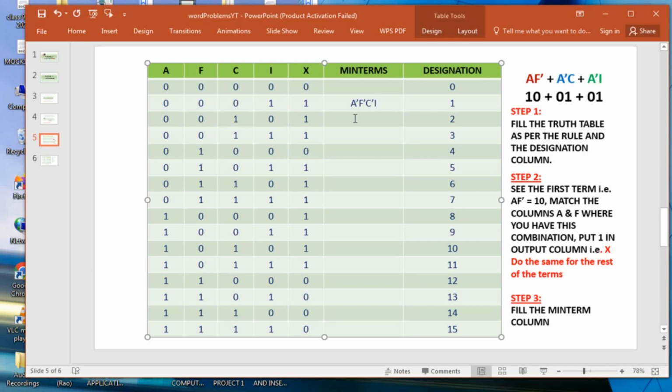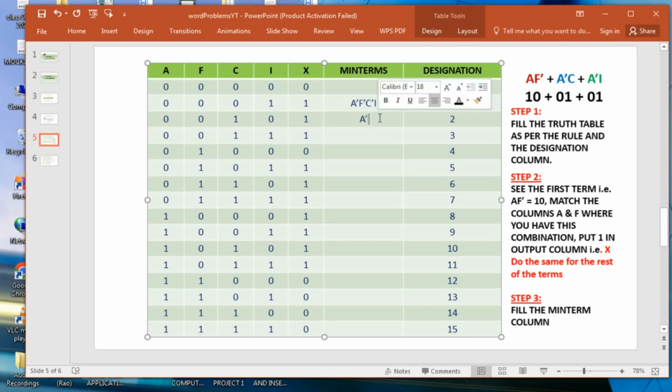So the rest you do on your own. I'll just show you how you have to find it out. 0 means A is complemented, right? So A complement. This 0 F is also complemented.